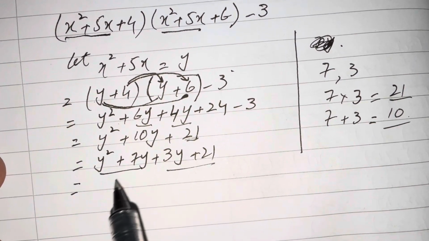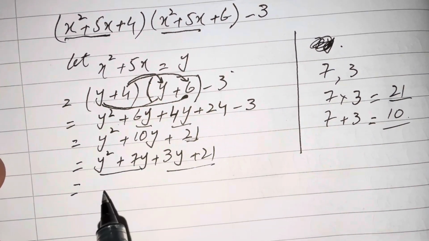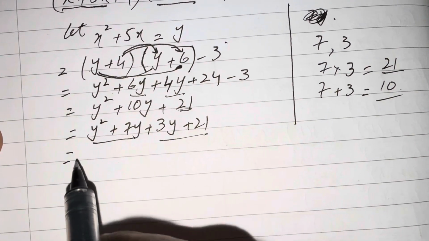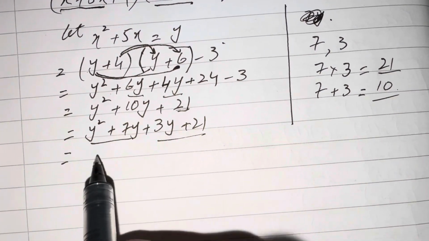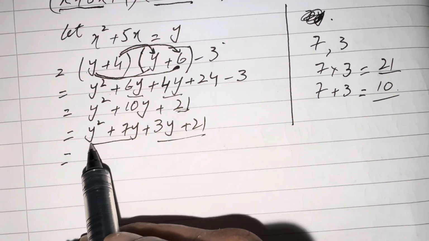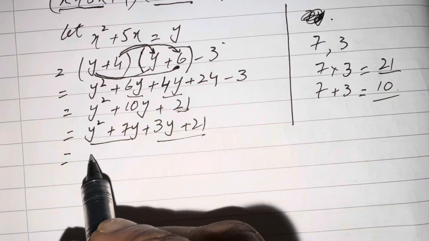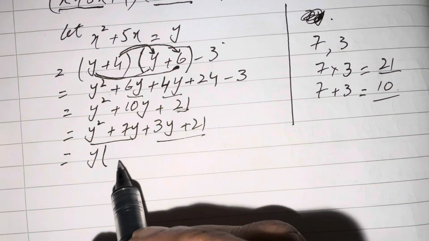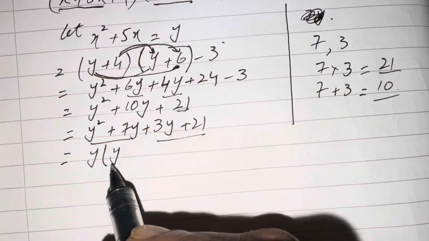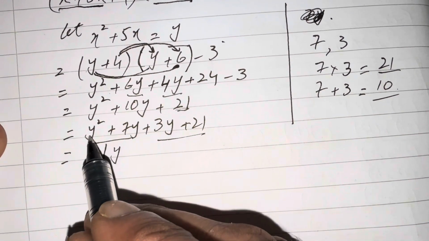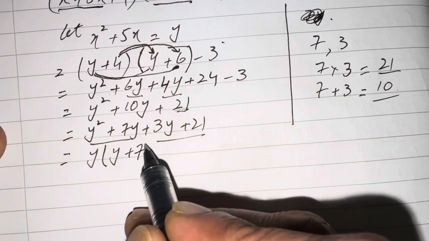So in the next step, you remember that we make the pairs: the first and second pair, and the third and fourth pair. Let's see what we can do to simplify these kind of expressions. You see that y is common in these two terms, so you take the y common. The rest of the thing will be y plus 7.